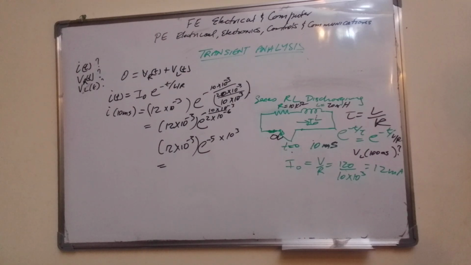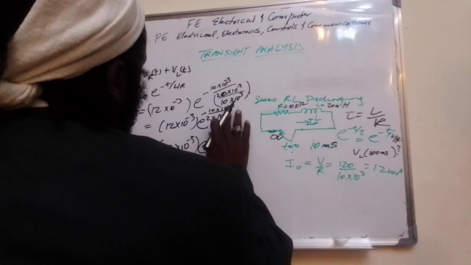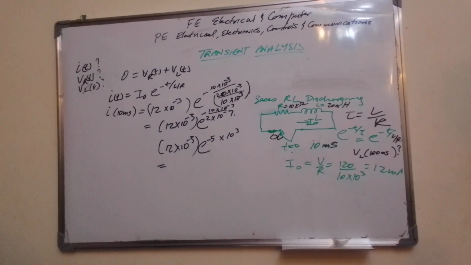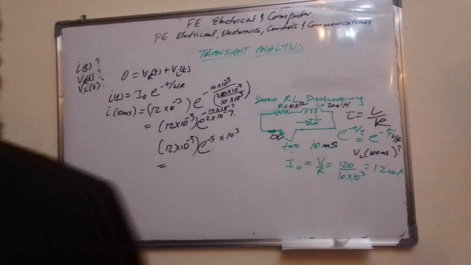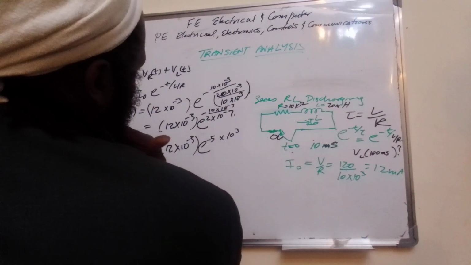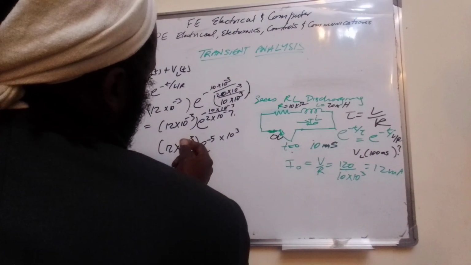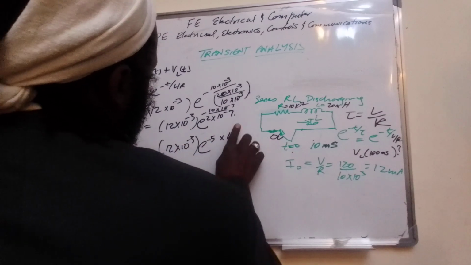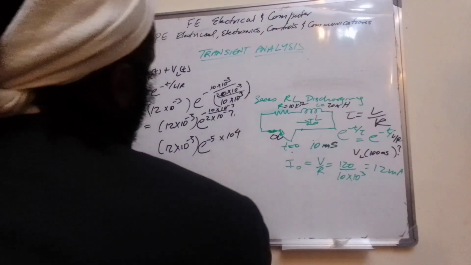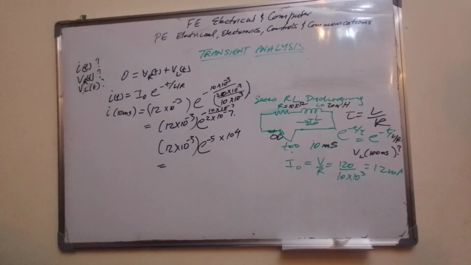Two times 10 to the minus 7. Yeah, that's 2 times 10 to the minus 7, as I worked that out before. And then this number becomes minus 7. This becomes 4, right? This makes it even bigger.